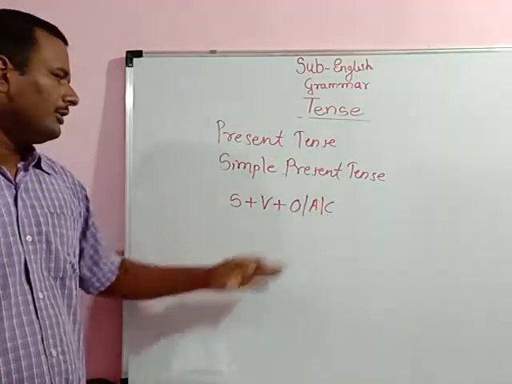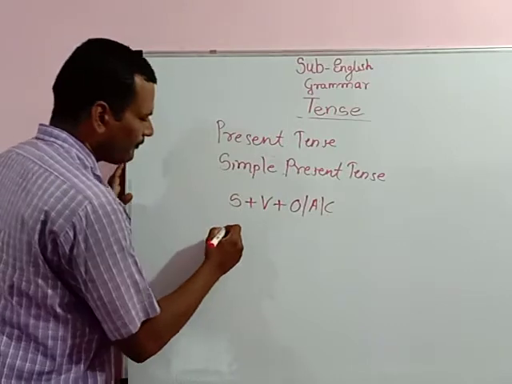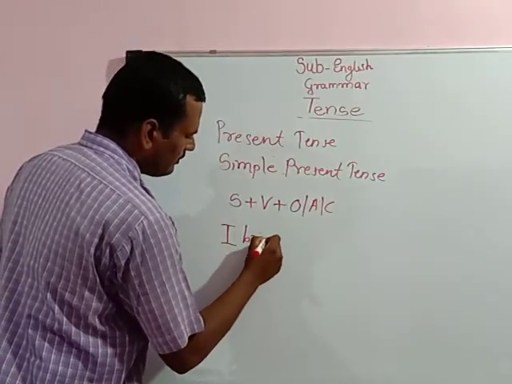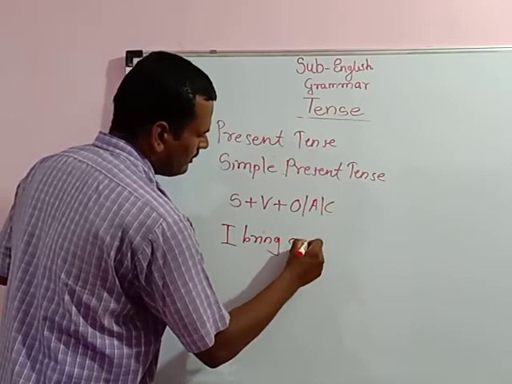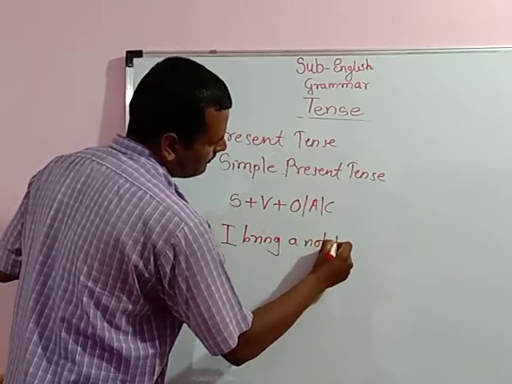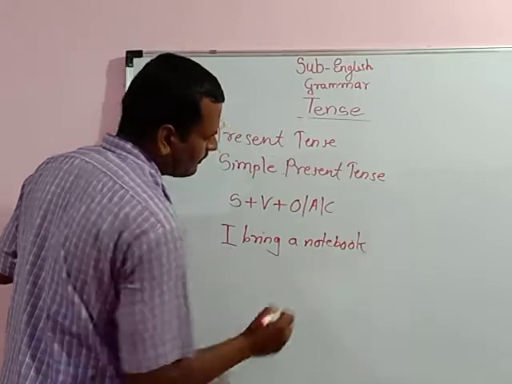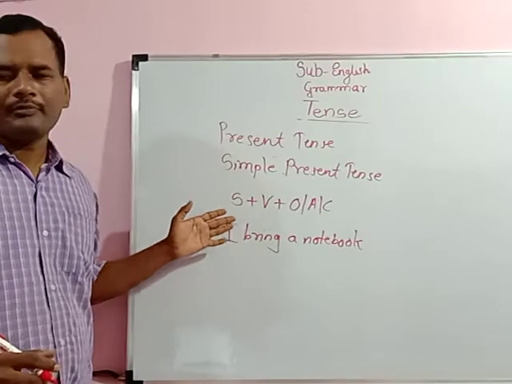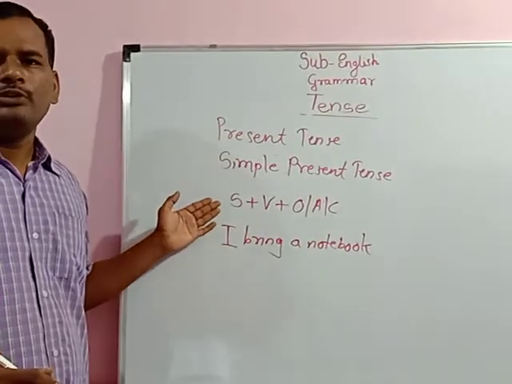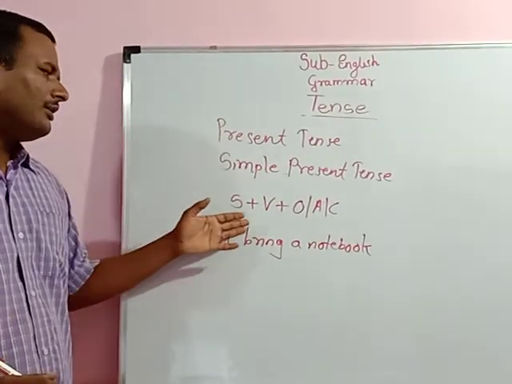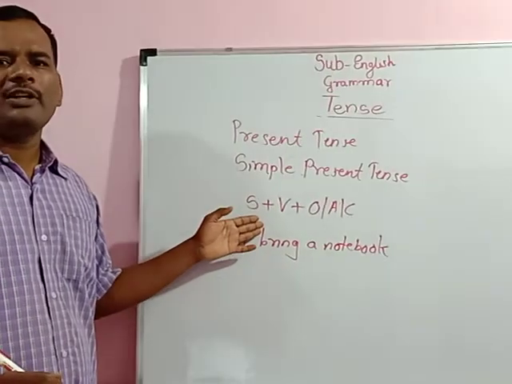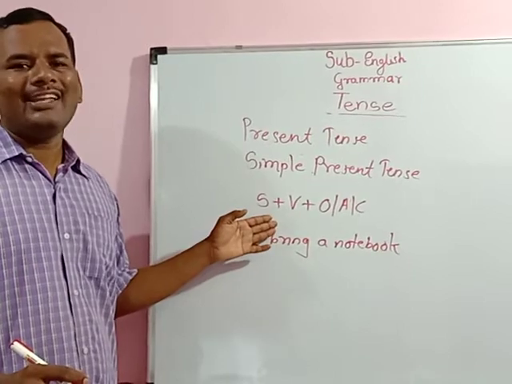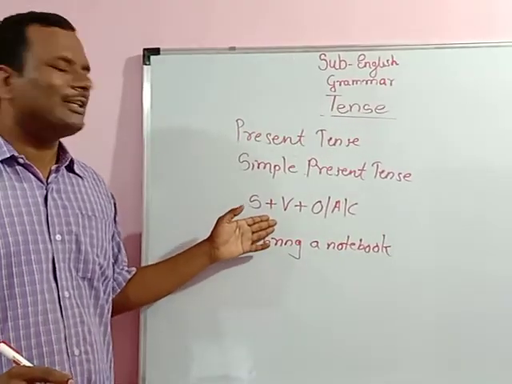For example, we can discuss like this: I bring a notebook. After I, we, you, they, we can use the base form of the verb. Base form means where we do not add s to the verb itself. That is called a base form.